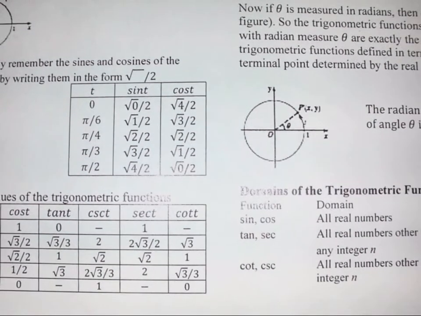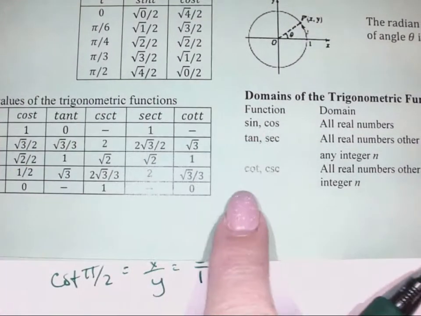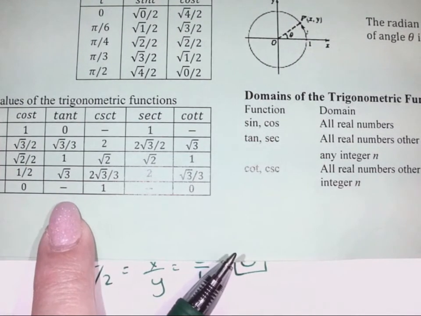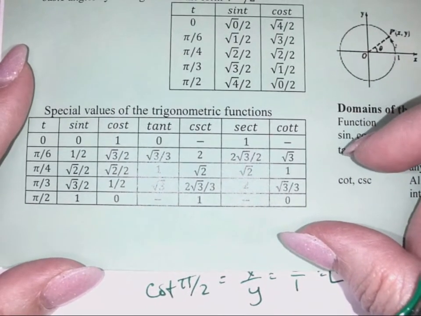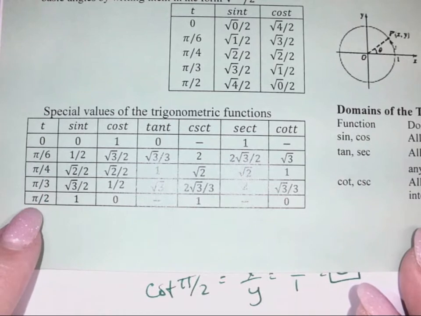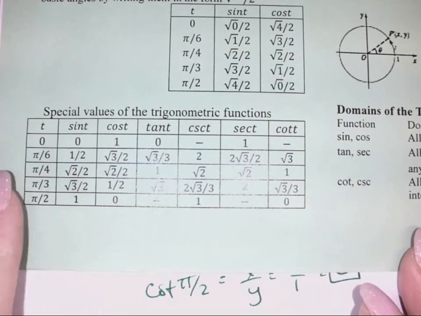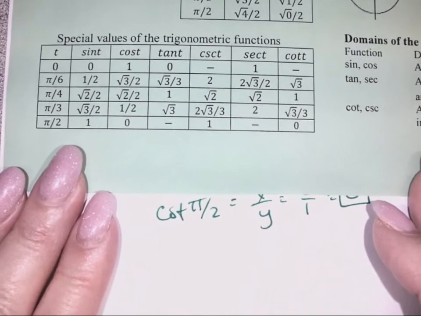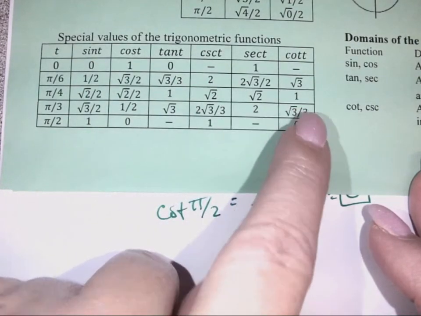We also have some special values of the trig functions. This is your trig functions in quadrant 1. It's all mapped out here. So we have 0, pi over 6, pi over 4, pi over 3, and pi over 2. Those are the values that we know in our unit circle. And these are the values of all of the functions: our sine, cosine, tangent, cosecant, secant, and cotangent.